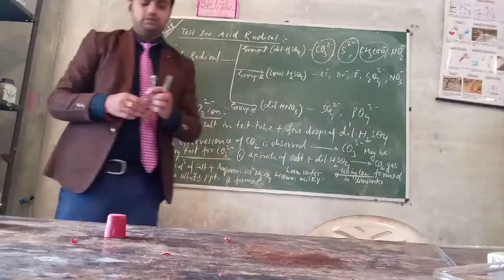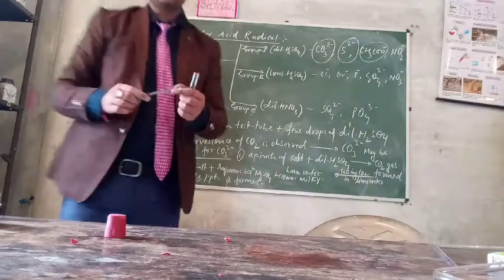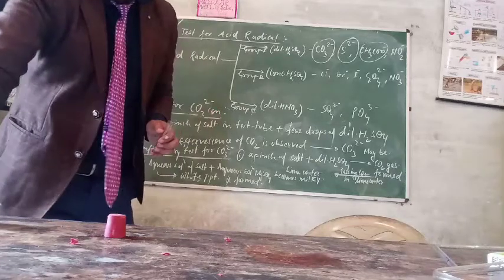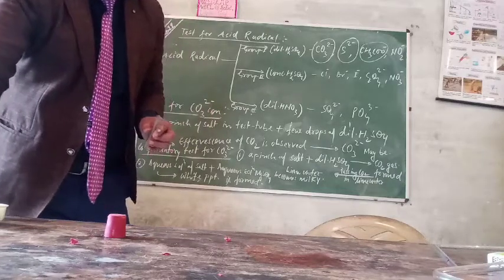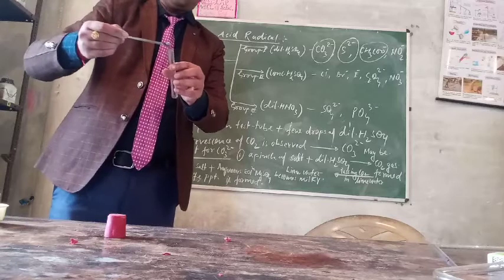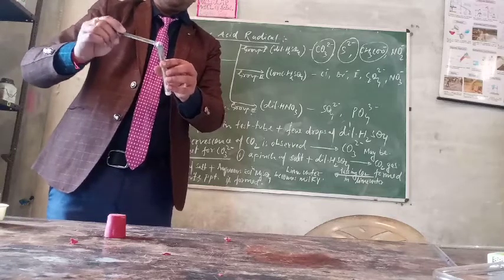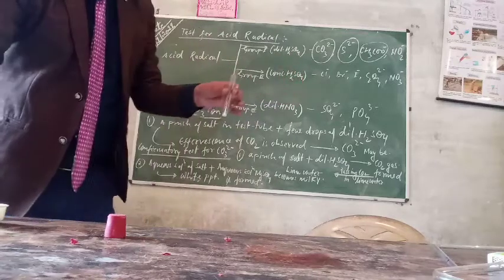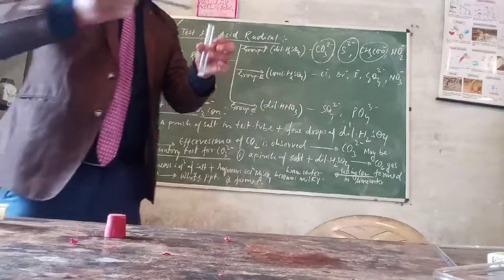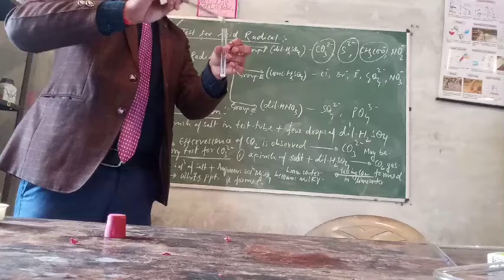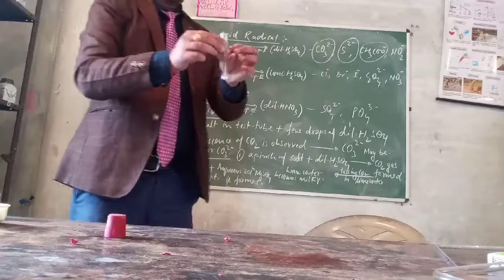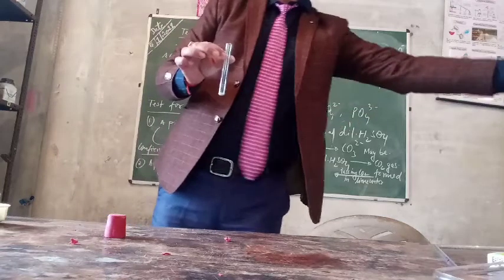Okay, so let me explain how you will observe the test. First of all, we will take a pin or spatula and add some salt into this test tube. This is the test tube in which we just put a pinch of salt, and then we will add the dilute H2SO4 into it.